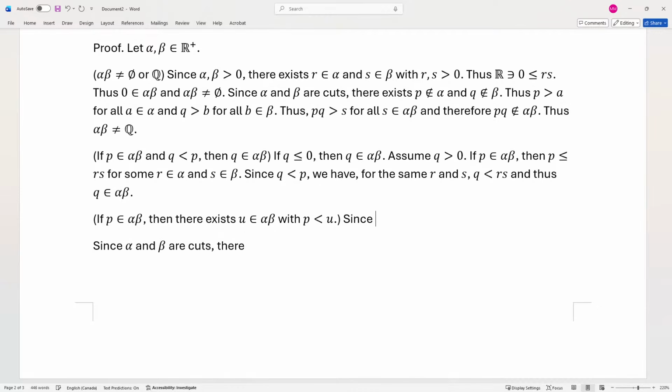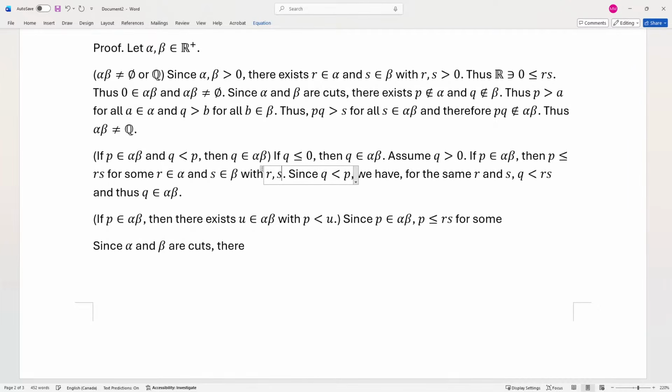Since P is in alpha times beta, P is less than or equal to R times S for some R and S, both positive. Okay, lots of details here.